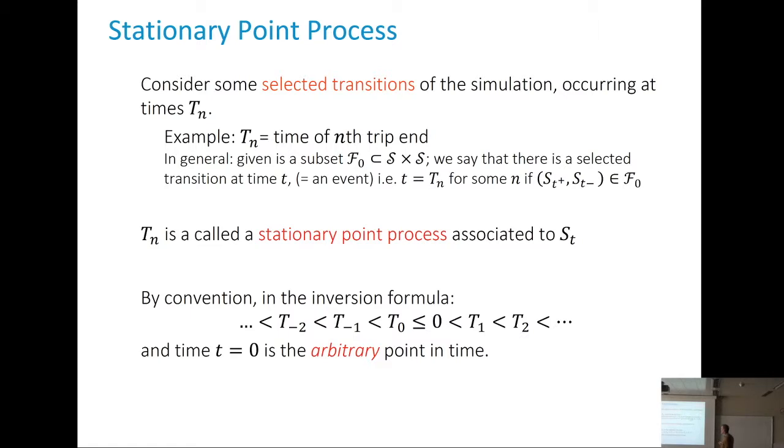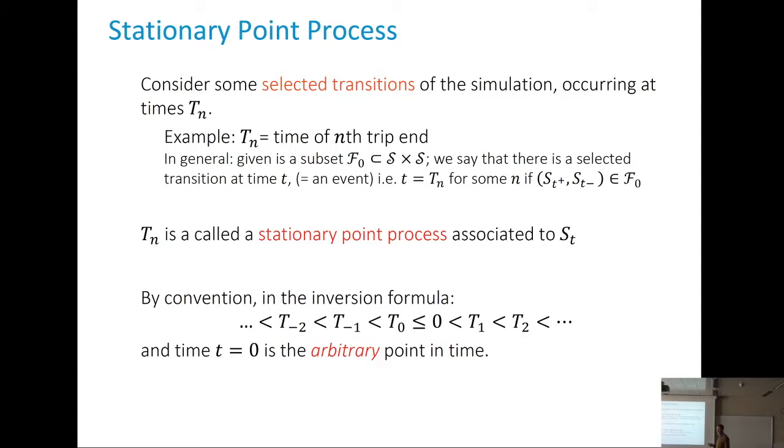So formally, S of t plus and S of t minus, where this sign indicates that it's the state just after t and here just before. Sometimes people assume that most stochastic process systems have trajectories that are continuous to the right, so St plus would be St, but this is not always done.